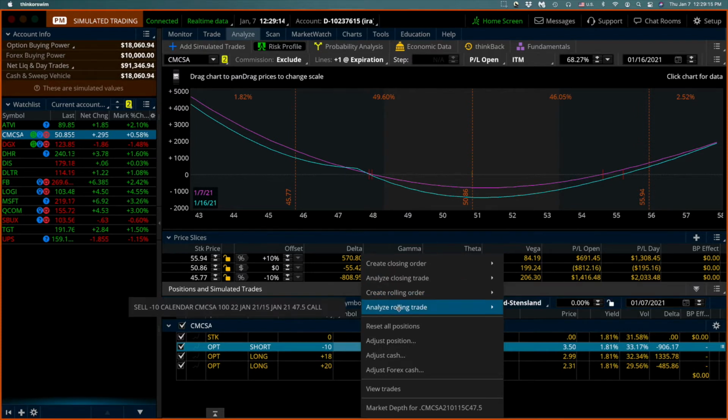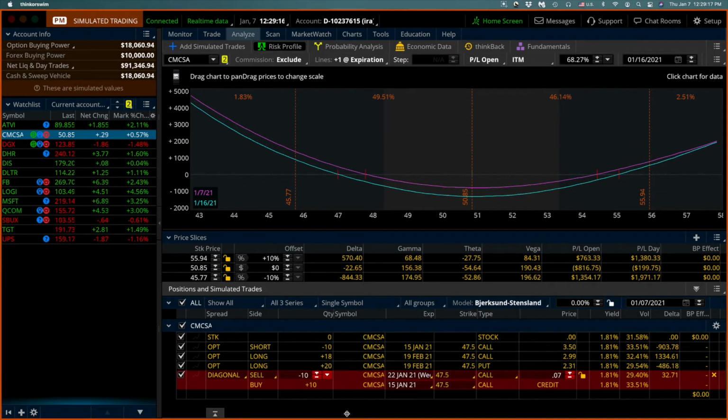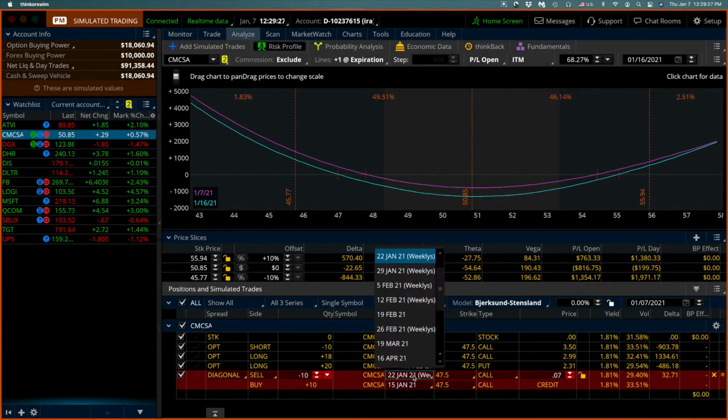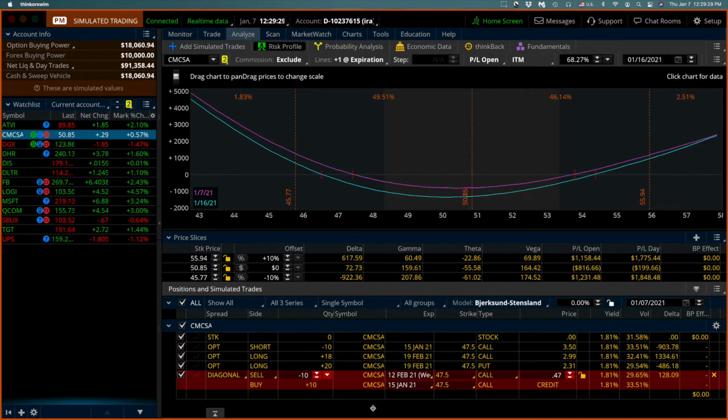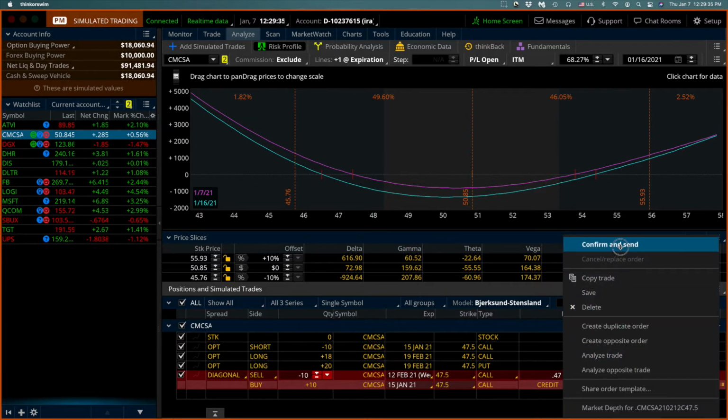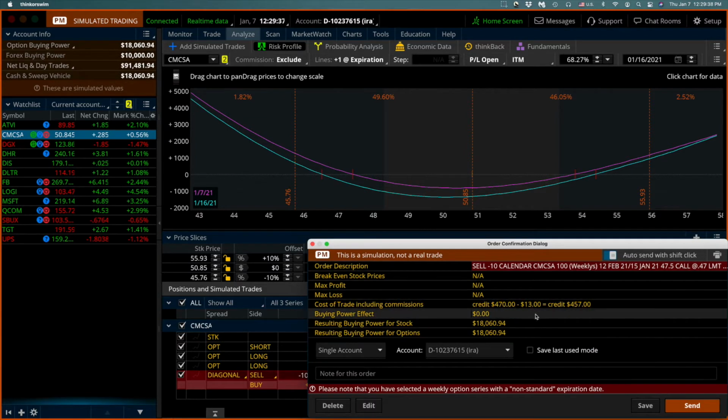Let's do this. Analyze rolling. And we can go to February 12th, and get 45 cents for that. And that's $470.